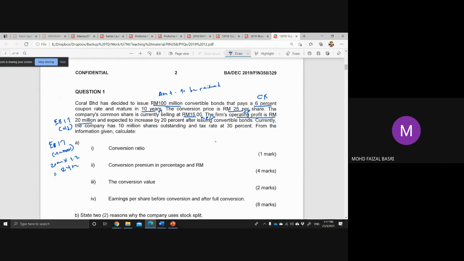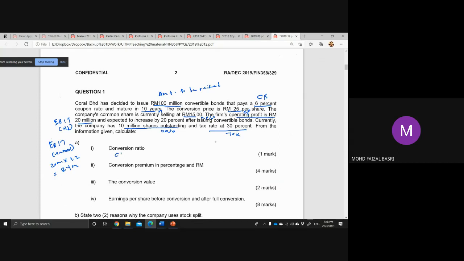Old 20 million, new 24 million. Okay. And currently the company has 10 million shares outstanding. So this is also number of shares outstanding, 10 million units. And the tax rate is 30%. This is the tax.